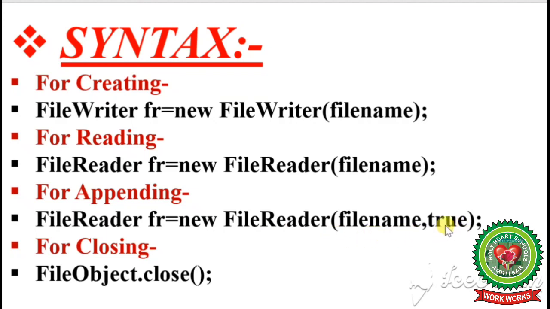Here true is a boolean value, which means that we can add more data into our file. The last operation is for closing. File object dot close. You always have to close the data file after the file operation is over.